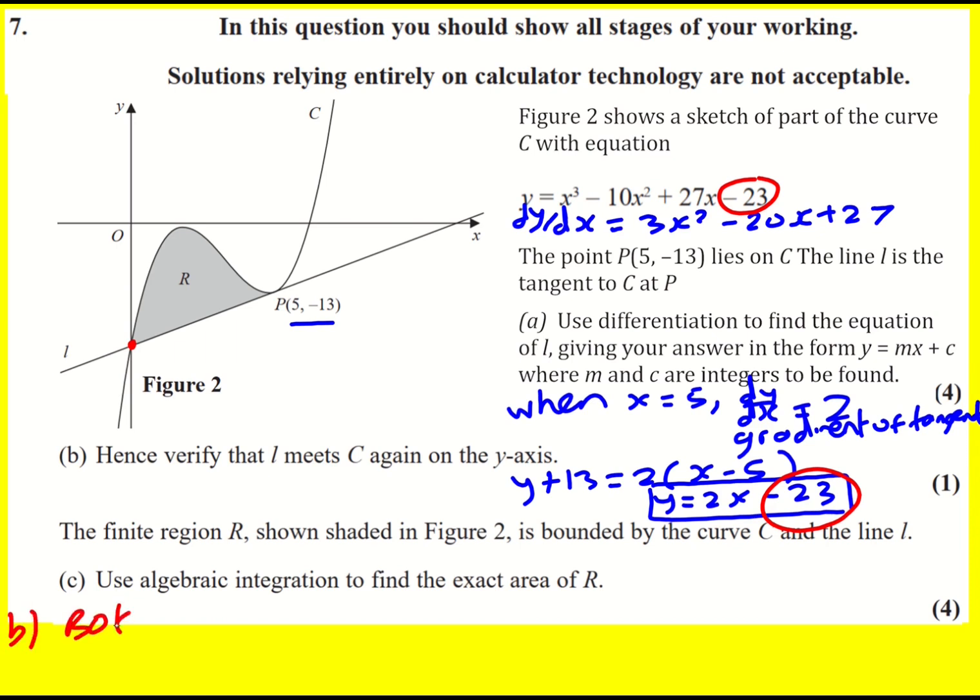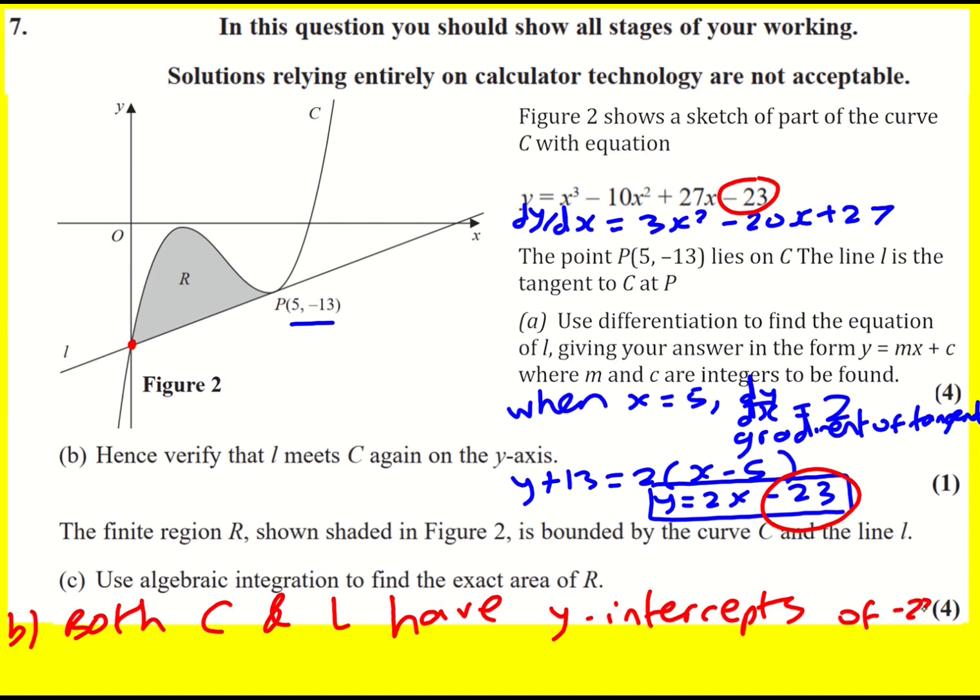So both C and L, the curve and the tangent, have y-intercepts of -23. Therefore, L meets C again on the y-axis.